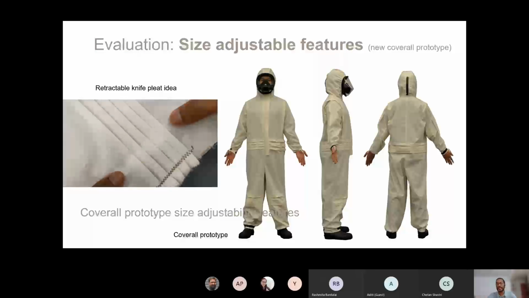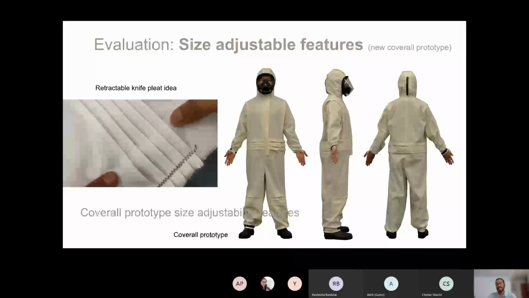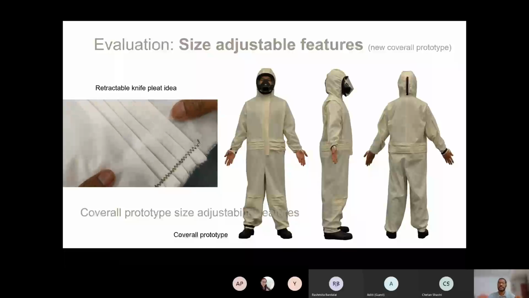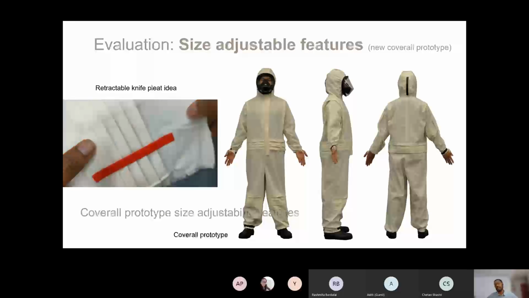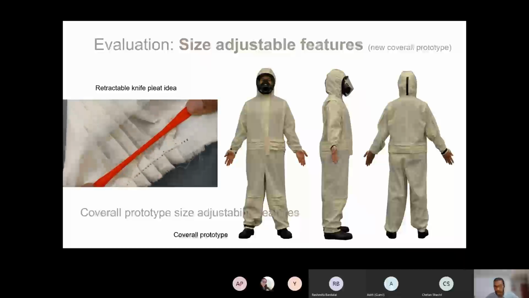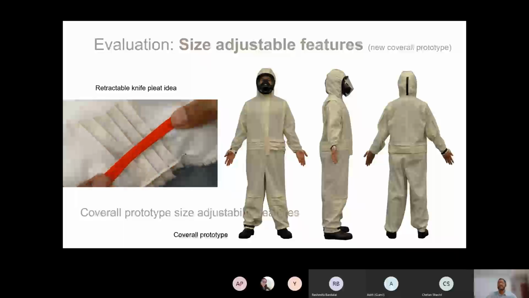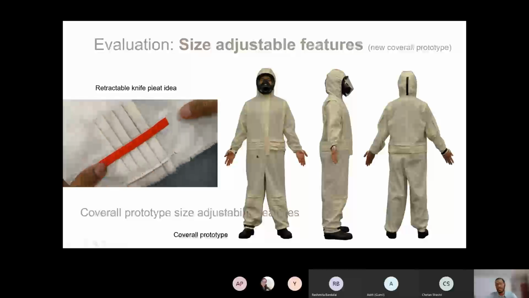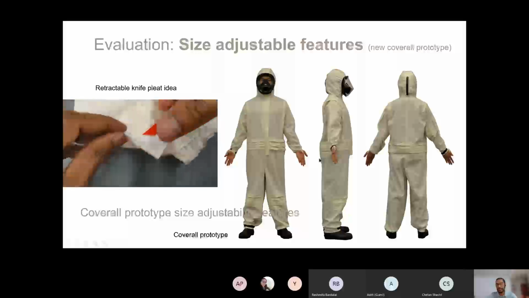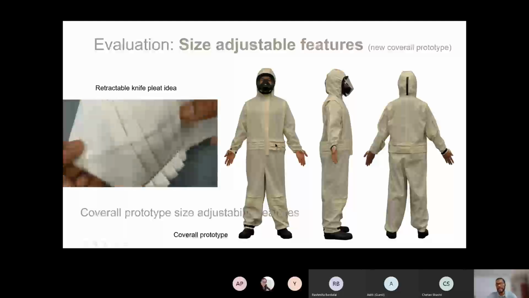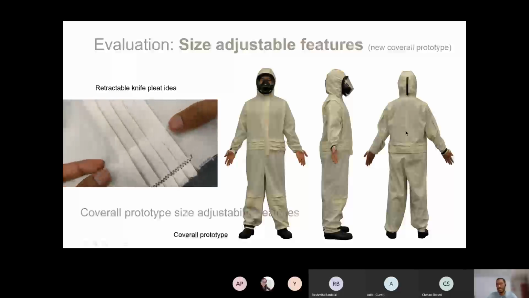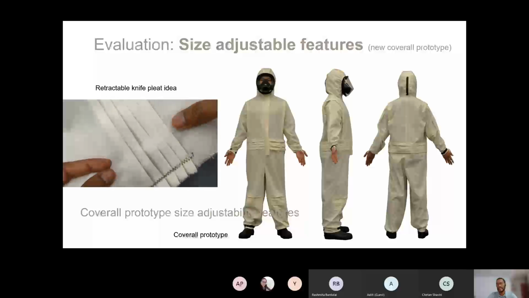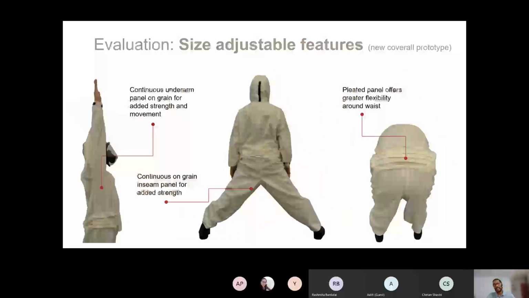of growth and flexibility, because these individuals do a lot of range of motion along the upper limbs and both lower limbs, and a huge amount of motion also happens with bending around the hip area. So we were trying to see how, with minimal joinery, we could offer that range of motion by adding design features into the coverall design.